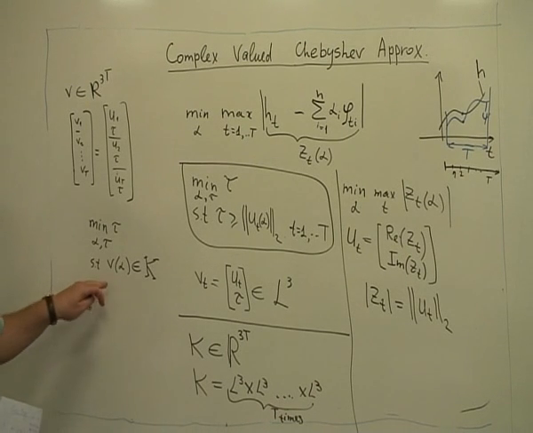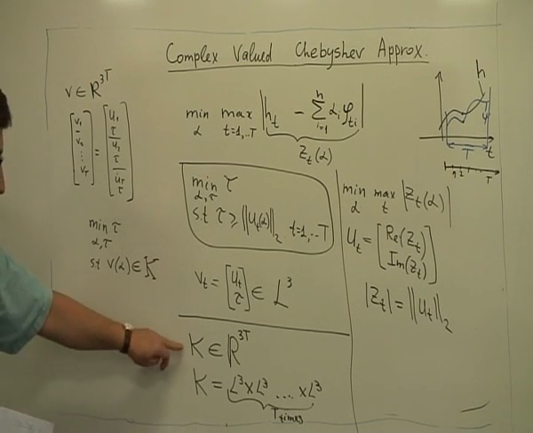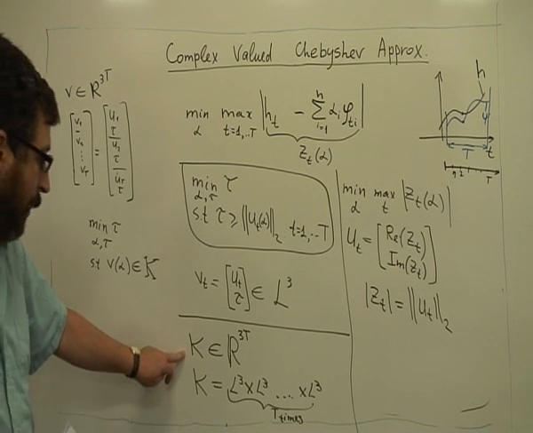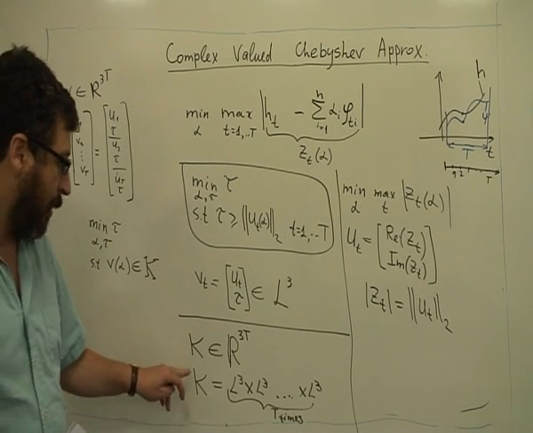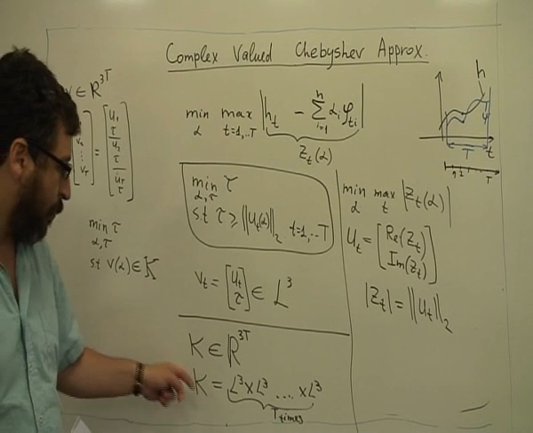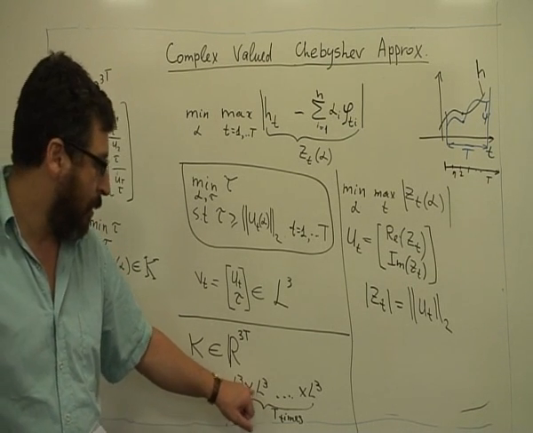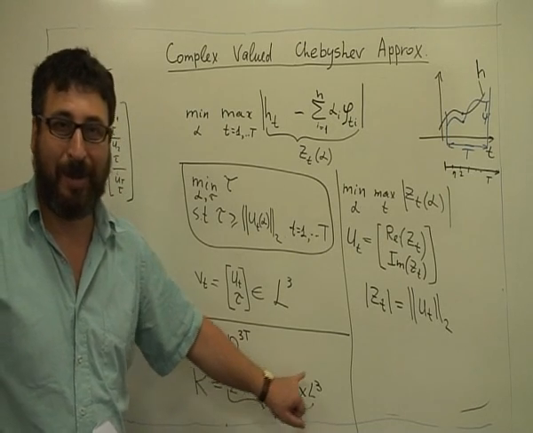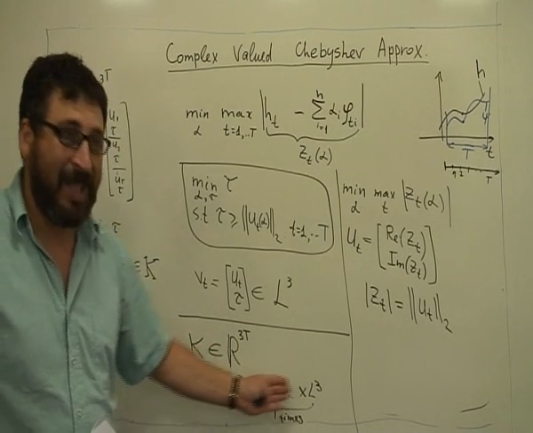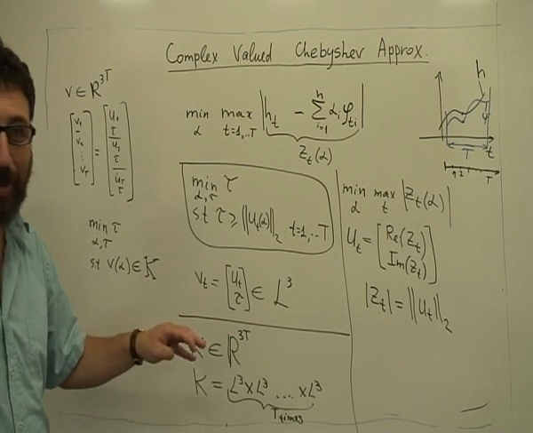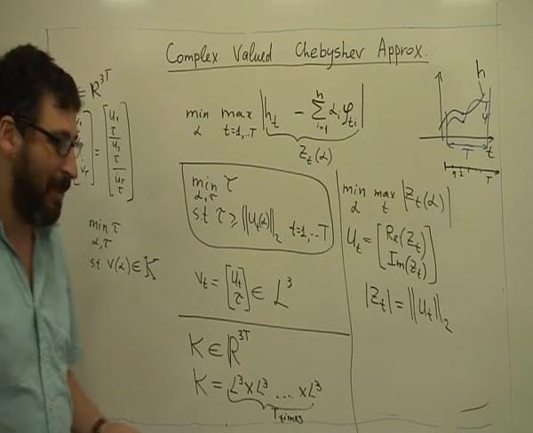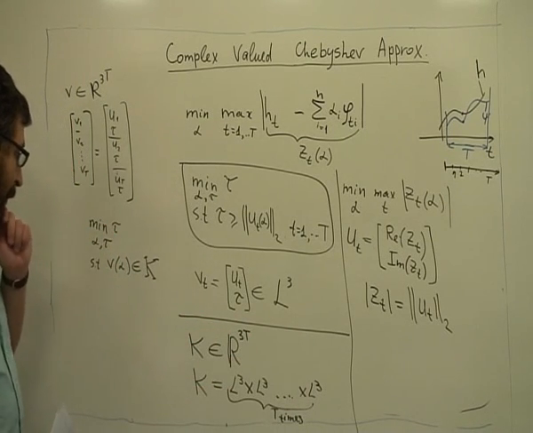And to say that some vector belongs to K is the same as to say that the first three components of this vector belong to the first Lorentz cone, the second three to the second Lorentz cone, and so on. This is a definition of direct product of several sets.